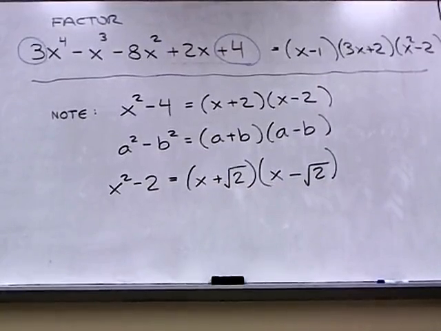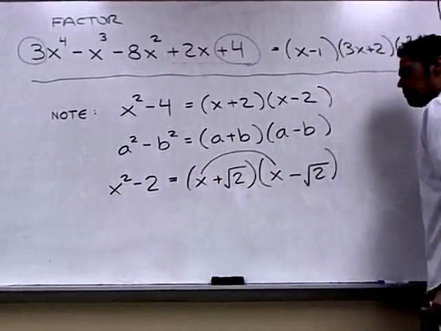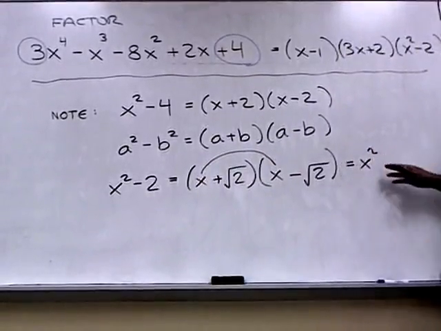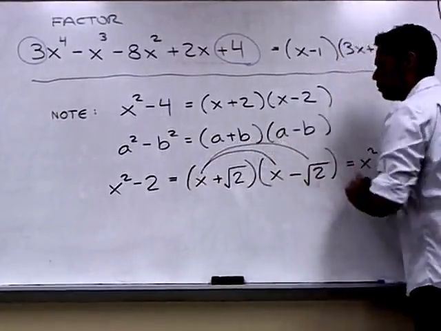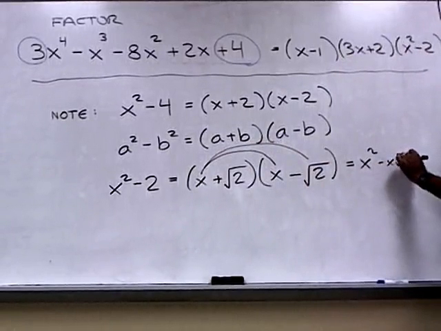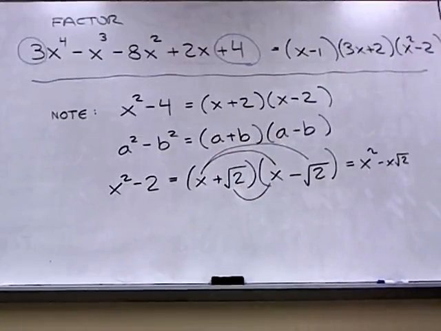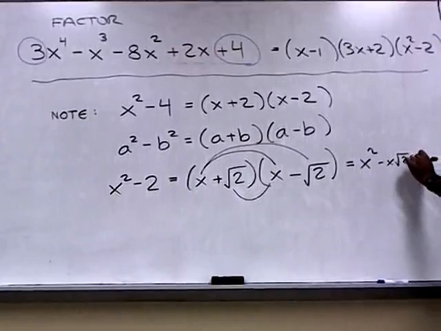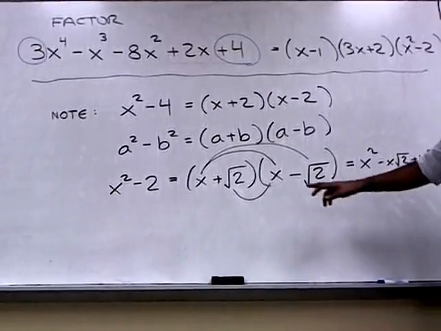Well, let's see if you believe that. What would happen if I multiply this times this? X squared. I'm multiplying it out to prove to you it works. What would x times negative root 2 be? Negative x times root 2. Then this one times this one would be a positive x times root 2. I'm going to run out of space here. And then what would the last ones be?